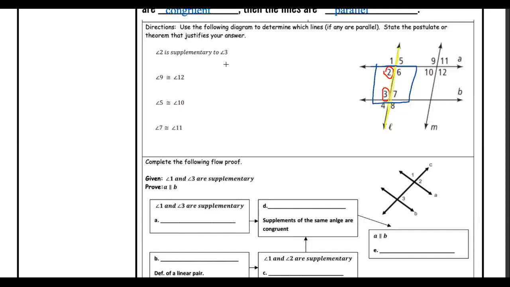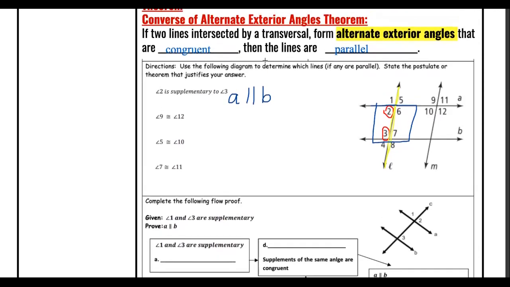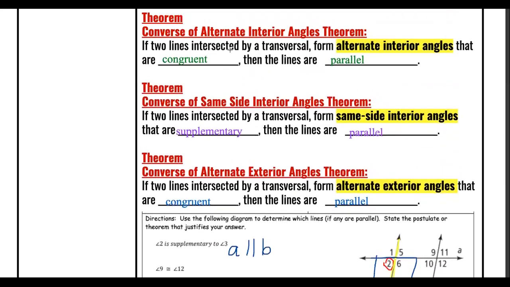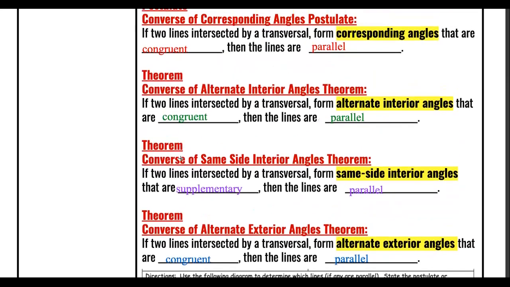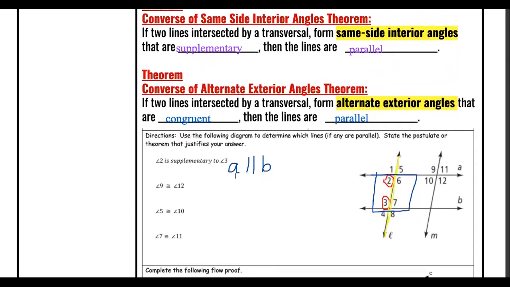When the lines are parallel. So since these are supplementary, my answer is going to be line A must be parallel to line B, because of the converse of the same side interior angles theorem up here, right? The converse of the same side interior angles theorem is what allows me to justify that A is parallel to B.